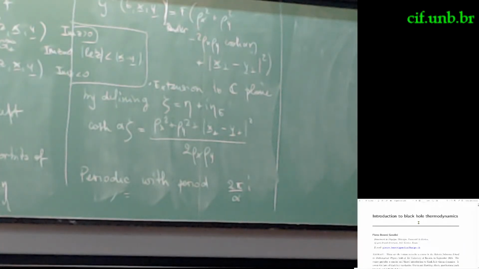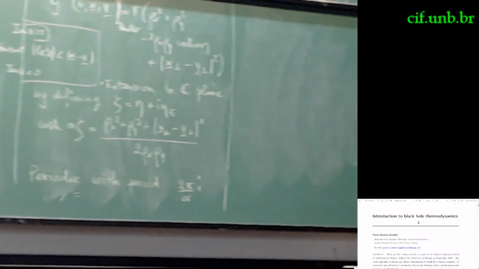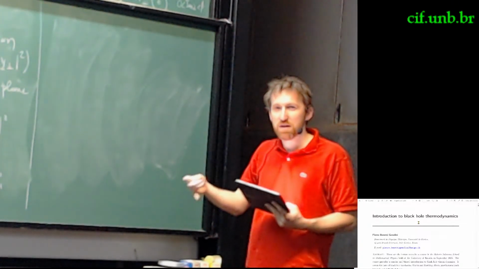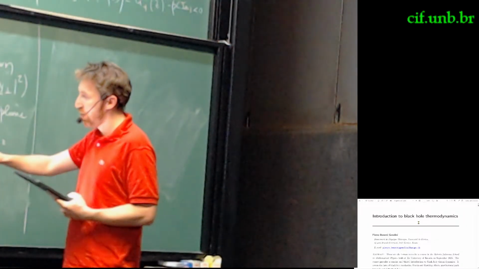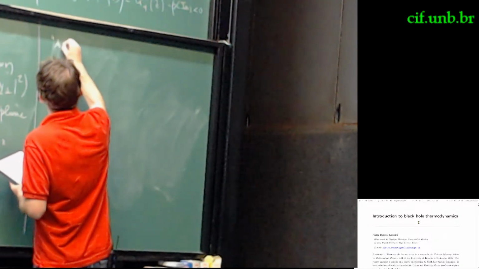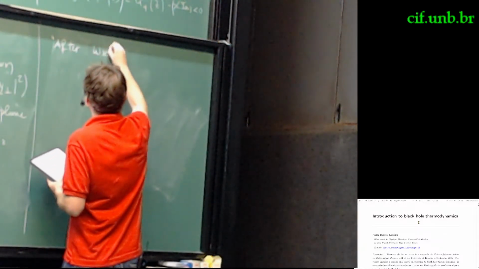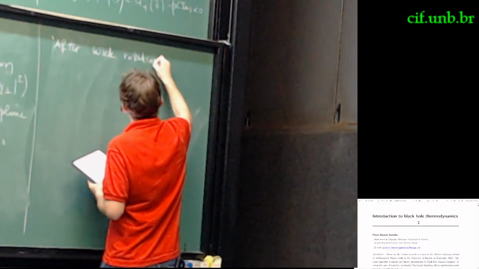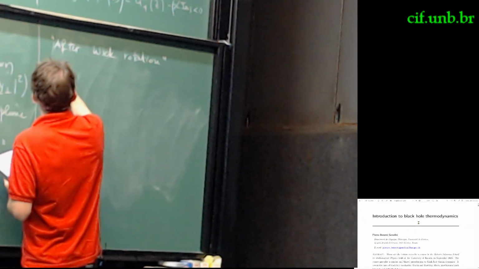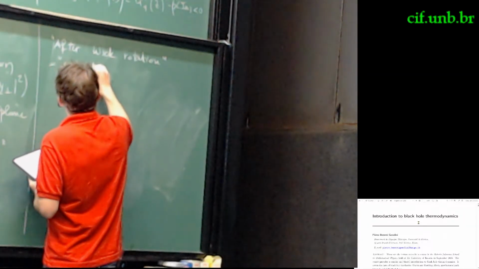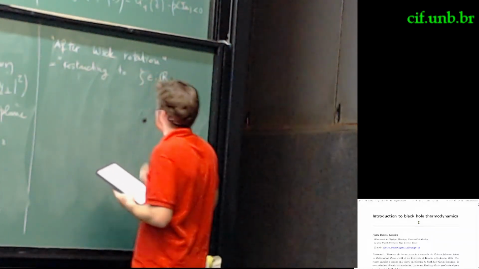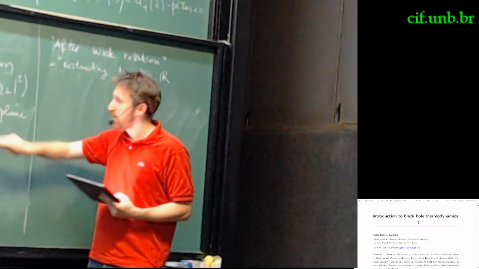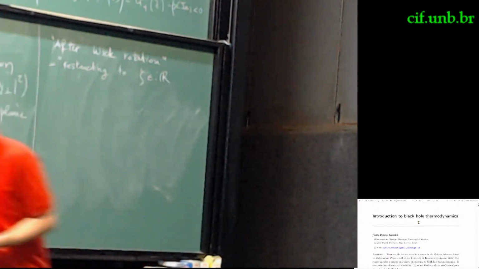In order to show that it's unique, so that it's all that is defined by being the Green's function of the Euclideanized Klein-Gordon operator, I observe the fact that on the Euclideanization, so after Wick rotation, which formally means restricting to zeta pure imaginary, so I'm restricting to eta_E, then this change of variables is just the change of variables to polar coordinates.